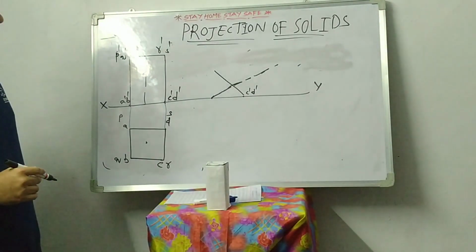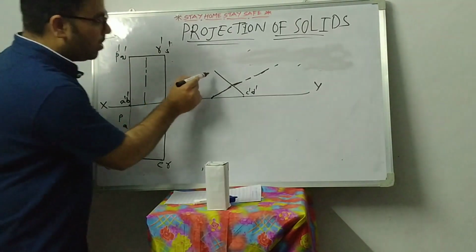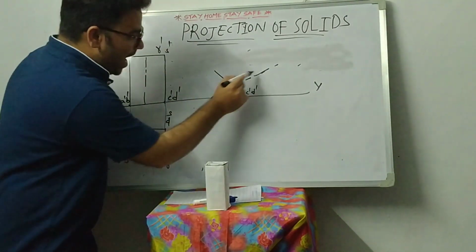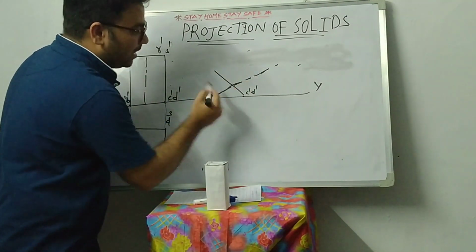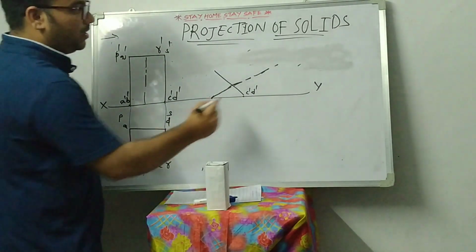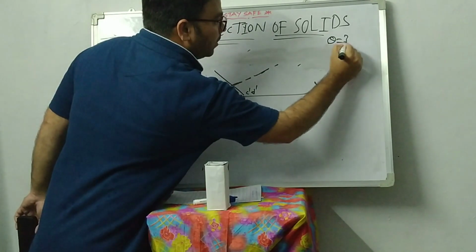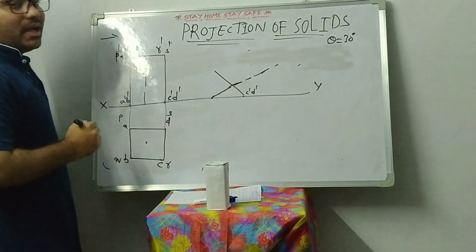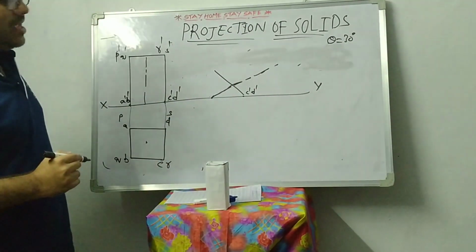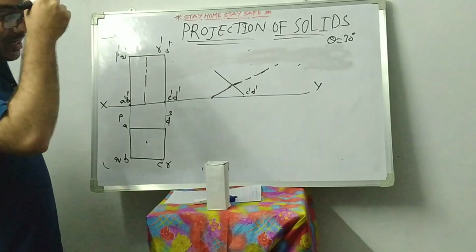Before drawing the inclined line, what is the inclination of this line? I know this axis angle is 30 degrees because the axis is inclined 30 degrees to the HP. The theta is mentioned in the problem already, 30 degrees. So what is this angle? This angle is 60 degrees.